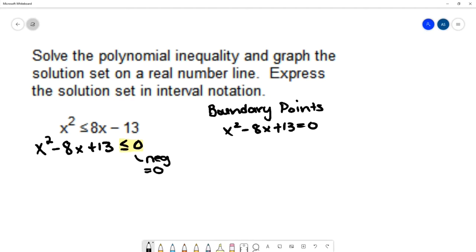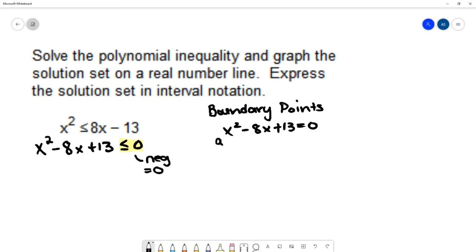If I try to solve this quadratic equation by factoring, I think we're going to see that it doesn't factor. X times x is x squared. The only factors of 13 are 13 and 1, and those won't produce the negative 8 in the middle that we need. So factoring is not going to work, but we could use completing the square or the quadratic formula to solve.